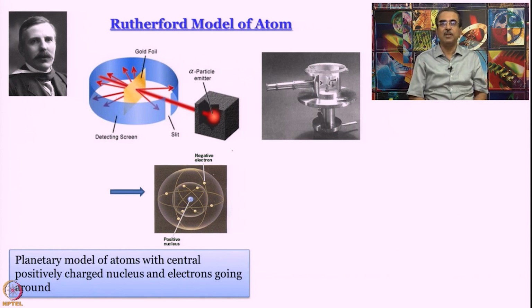Learning from that example, Rutherford proposed that these electrons actually go around the nucleus in circular orbits, and when they do so, the centrifugal force would exactly balance the electrostatic attraction, and that is what Rutherford expected would keep the electron from falling into the nucleus and resulting in annihilation of the atom. Makes sense, right? Nice model.